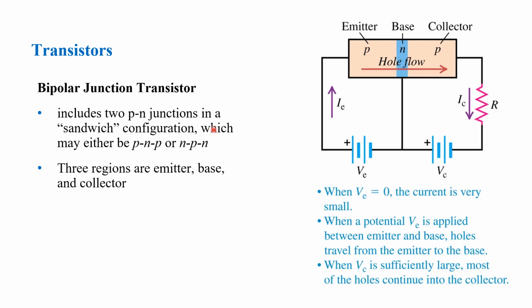In a bipolar junction transistor, there are three regions: the emitter, the base, and the collector. For example, in this PNP configuration, one side of the P-type material is the emitter, the other side is the collector, and the N-type is your base. Your hole flows from your P up to the other end of the P.